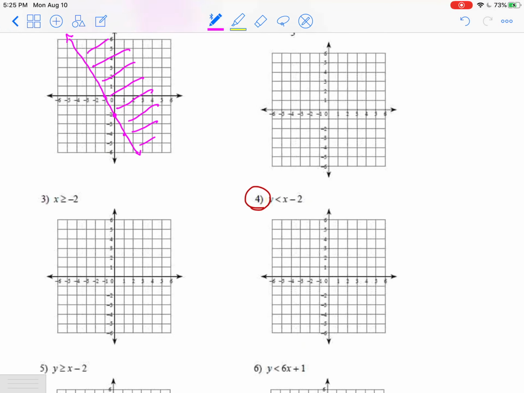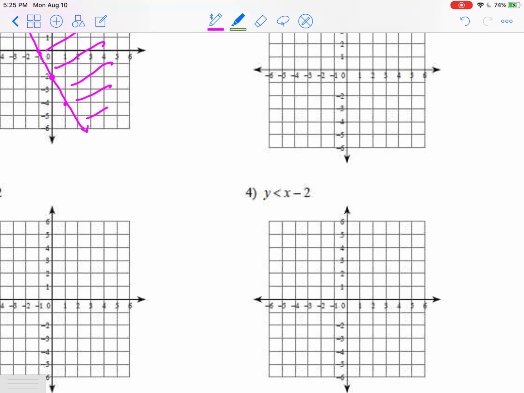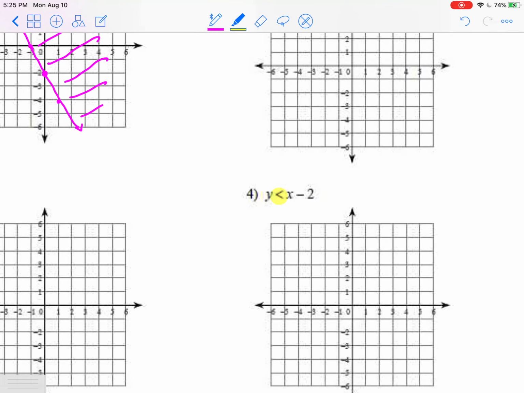All right, let's skip down to problem number 4. Okay, here we have an equation that is also already written in slope-intercept form, so that's actually nice. Let's take a look at our sign here. Our inequality sign is a less than sign. Okay, so let's look at that here.